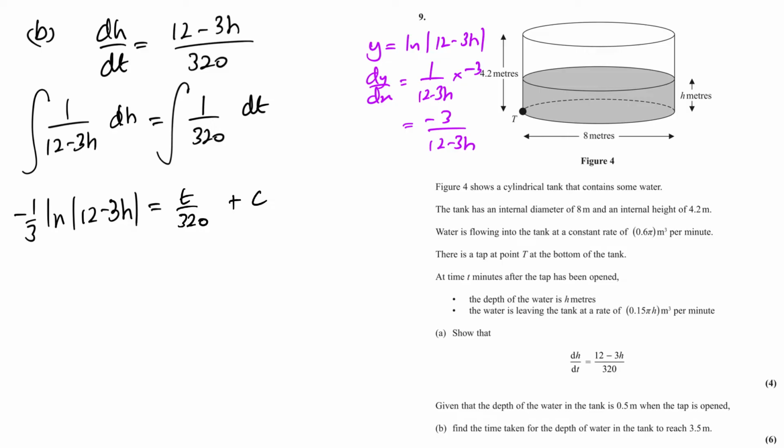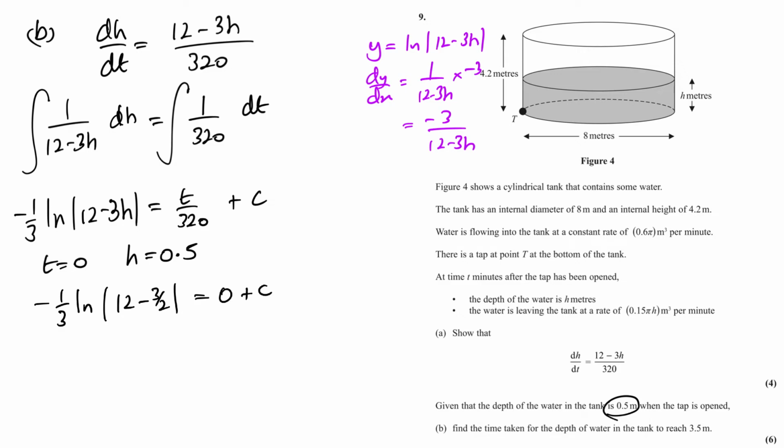Now, it tells me that it was 0.5 meters when the tap is opened. So the tap is opened at t equals 0, and there the height was 0.5. This will enable me to find my value of c. So substituting in, we get minus 1/3 ln 12 minus 3 over 2 equals 0 plus c.